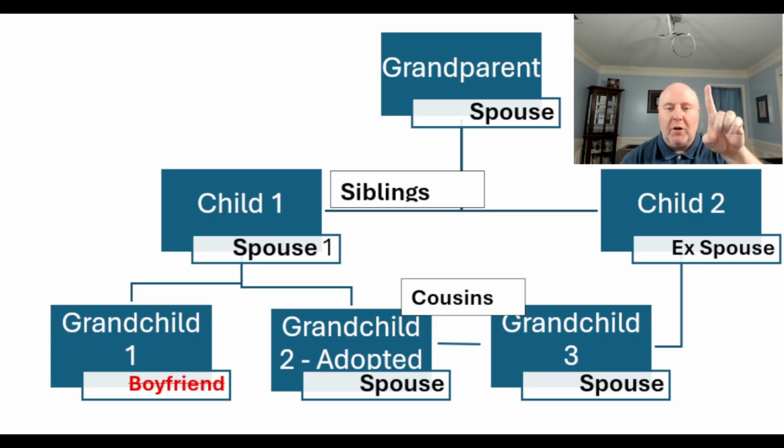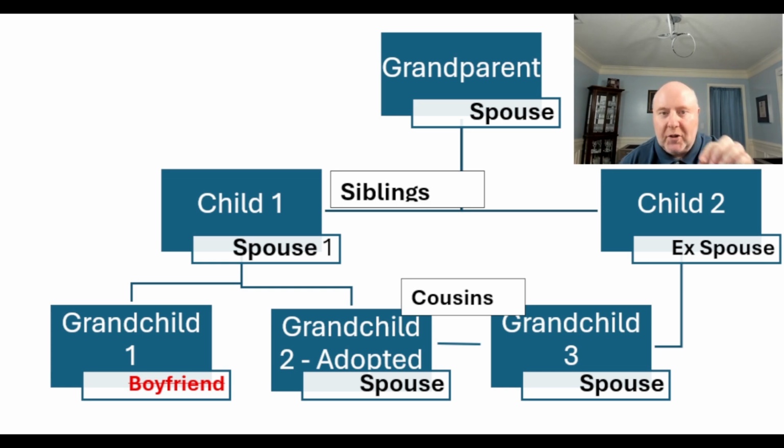We still only have one shareholder, from grandparents to child to grandchildren to all their spouses. So grandchild 2, who's been adopted, and grandchild 2's spouse, that's one shareholder. Then we have grandchild 3 and grandchild 3's spouse. That's one shareholder. So far, all of those just count as a single shareholder.